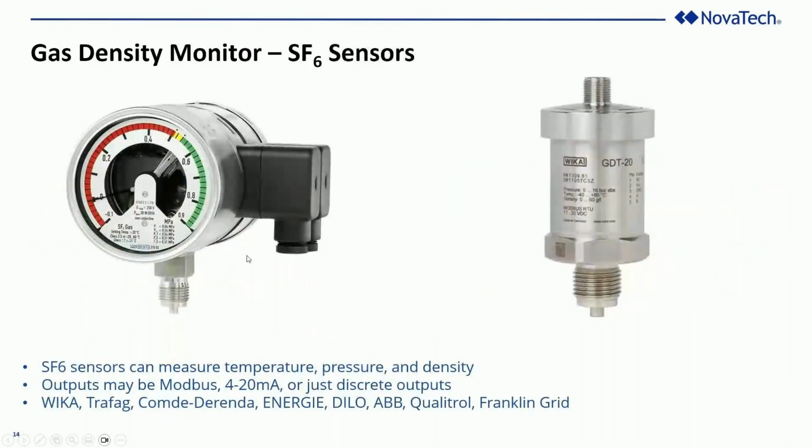So in order to use gas density monitoring on the Orion, a key component is SF6 sensors. We don't supply those. You'll probably either have your own already, and if you do, we can just connect up to them. If not, definitely feel free to purchase them. We take either the Modbus output or a 4-20 input signal for the gas density.